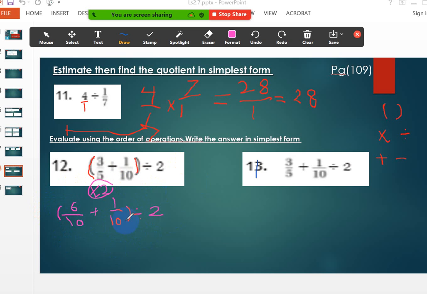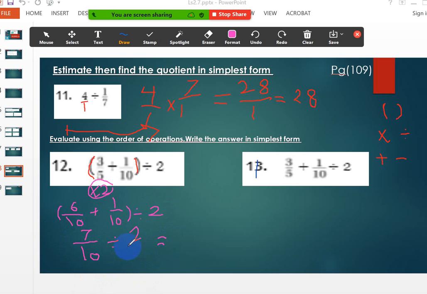Now I will add the fractions between parentheses. It will be what? 6 plus 1 equals 7. So the number becomes 7 over 10. Now I will take the division, divided by 2. Okay? The last step, what do I have to do? I have to do the division between the fraction and the whole number.